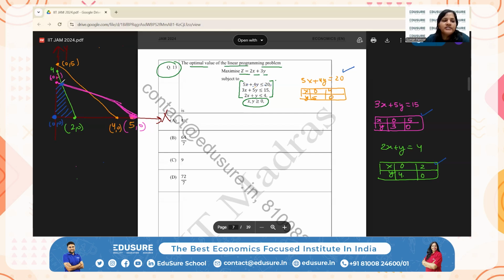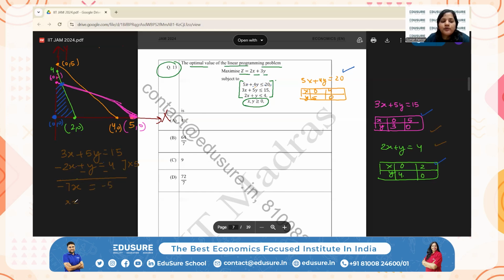Now this point of intersection is the intersection of the pink line and the green line. Okay. So 3x plus 5y equals 15 and 2x plus y equals 4. So multiply the second one by 5 and subtract. So you will get 3 minus 10, which is minus 7x, 5y minus 5y is 0, 15 minus 20, which is minus 5.